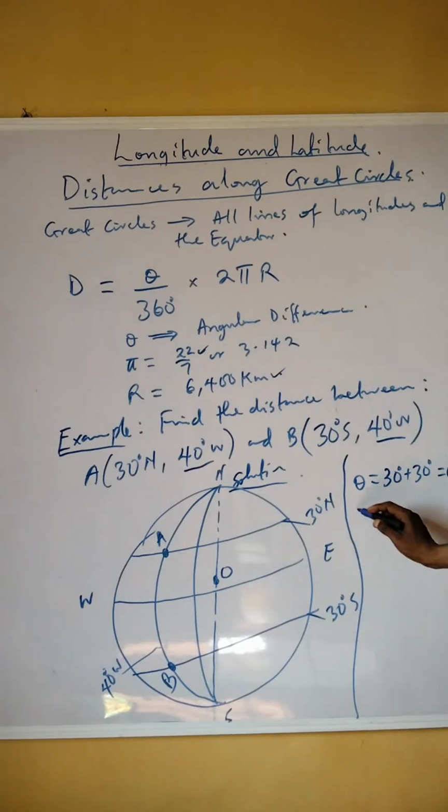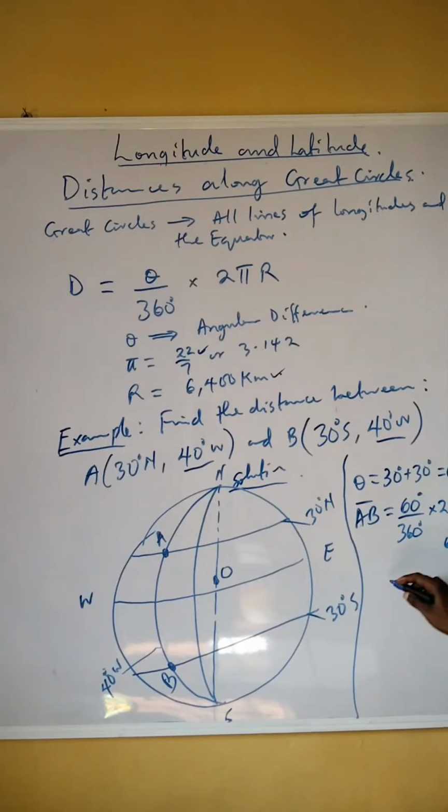That means distance D, or we can call it distance AB, along the line AB is theta, which is 60 degrees over 360 degrees, times 2 times pi 22/7 times R, which is 6,400 kilometers.